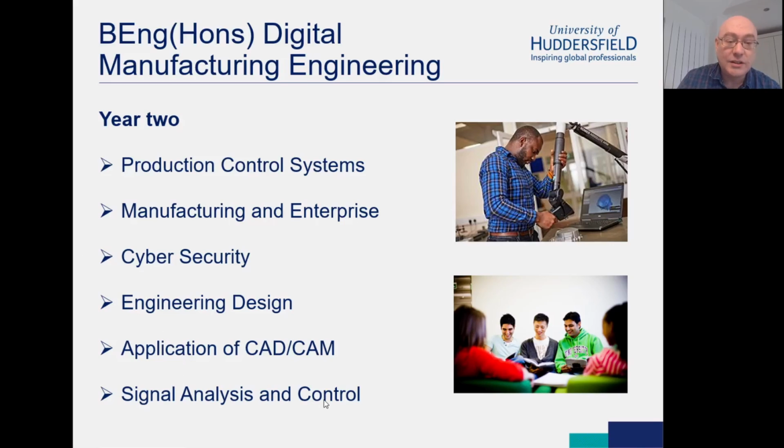And then signal analysis and control, again, really important, is this blend between the mechanical engineering and the control systems and how we deal with the data. And as you'll probably have heard, rubbish in, rubbish out. If we don't make sure our signals are correctly filtered and analysed before applying control, we can take something and make it a whole load worse.